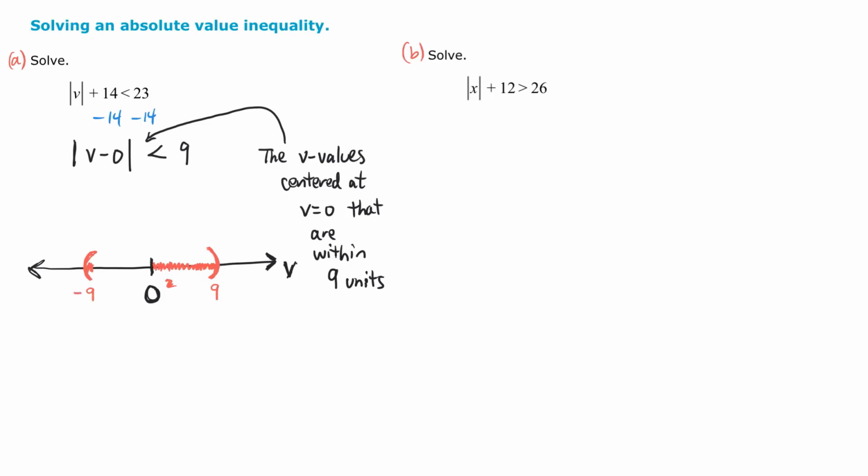We don't include -9, but we shade all the way up to 0. And then from 0, we keep shading all the way up to 9, but don't include 9. So what is the answer to this? If I wanted to state the interval notation, it's simply -9 to 9. We solved this, and we actually labeled it in interval notation.